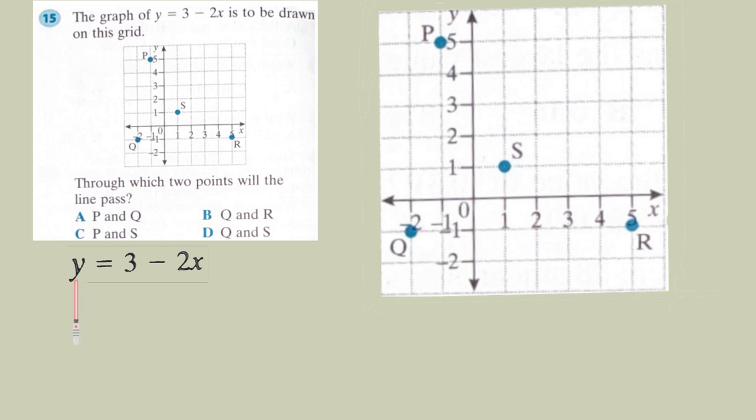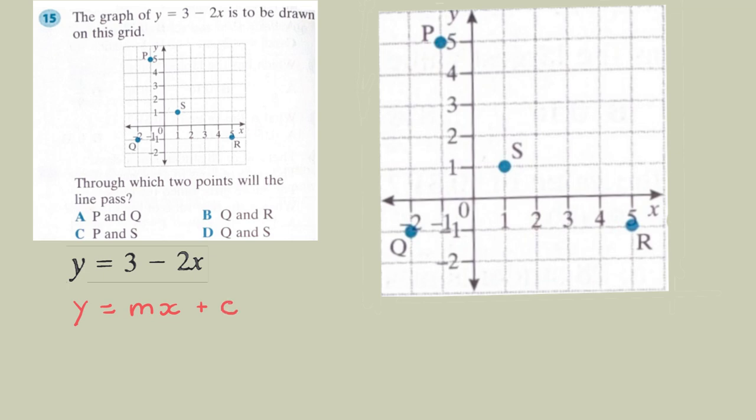I have the equation here again. Now this can be done exceptionally easy if you know what to look for. This is an equation of a line of the form y is equal to mx plus c, or maybe you do mx plus b.